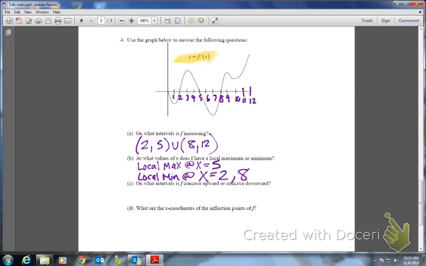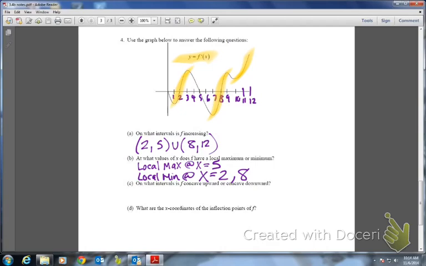Part C, on what intervals is f concave up or concave down? So remember, that's in the last 3 columns of the chart that we made yesterday. So it's concave up where f prime is what? Increasing. So where is f prime increasing? From 1 to 3, and 7 to 9, and 10 to 12.